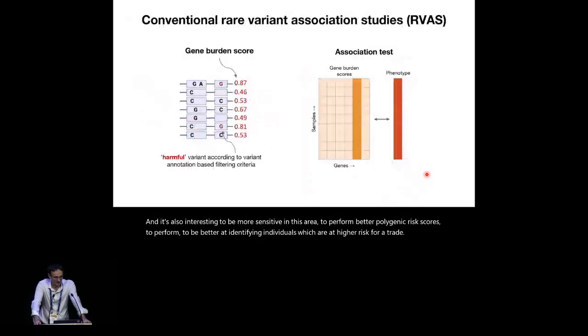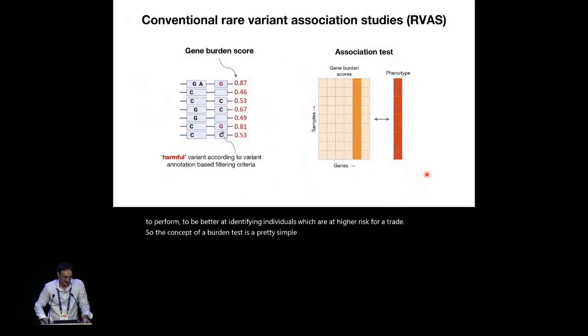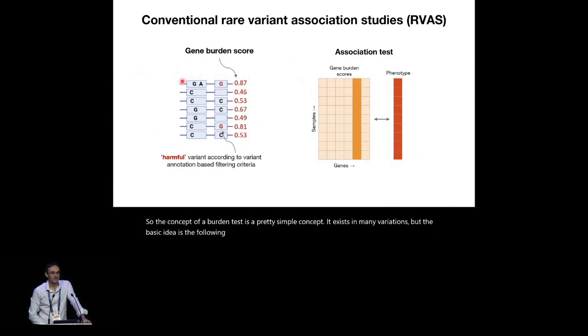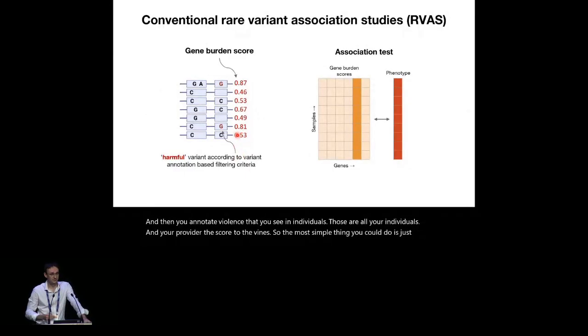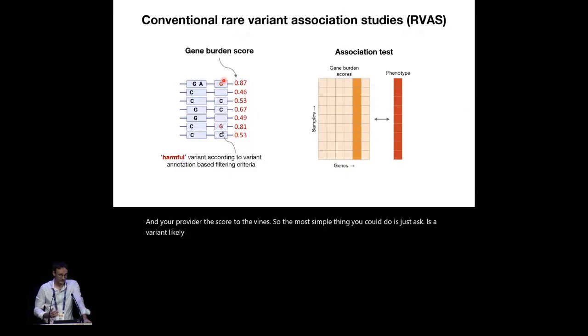So the concept of a burden test is a pretty simple concept. It exists in many variations, but the basic idea is the following. You consider a gene, and then you annotate variants that you see in individuals. Those are all your individuals. And you provide a score to the variant. The most simple thing you could do is just ask, is a variant likely to lead to loss of function of the gene?